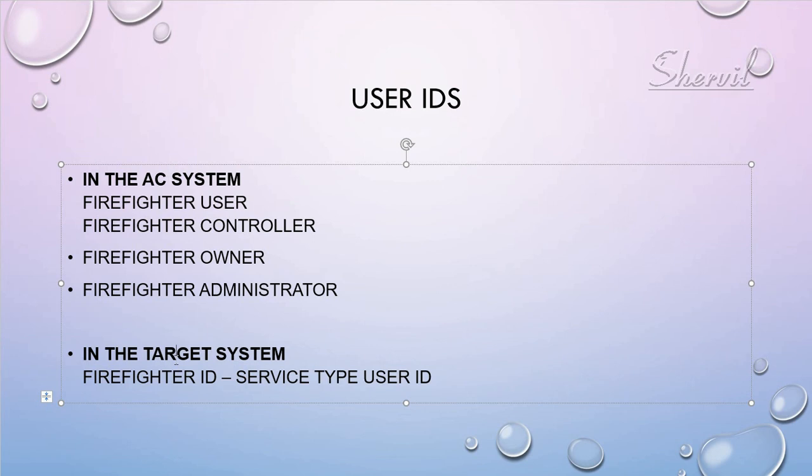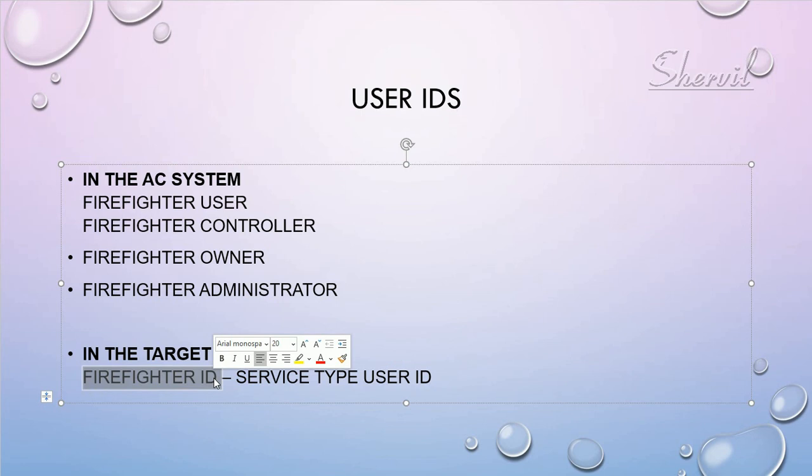So this is the ID that is going to have the elevated access. Okay. And one of the things this user ID needs to have is the authorization for the S_RFC authorization object so that the remote logon is enabled for them.